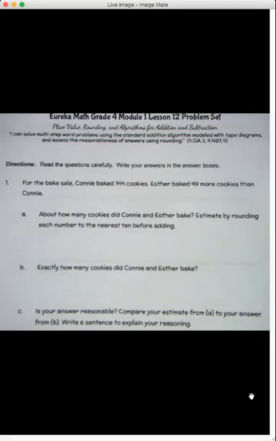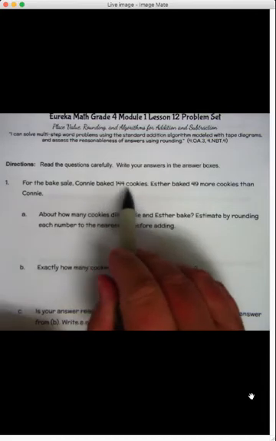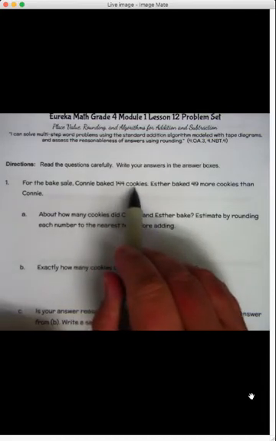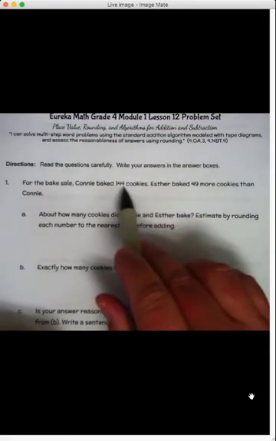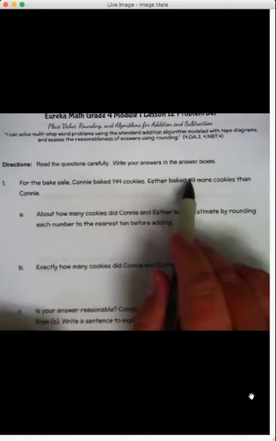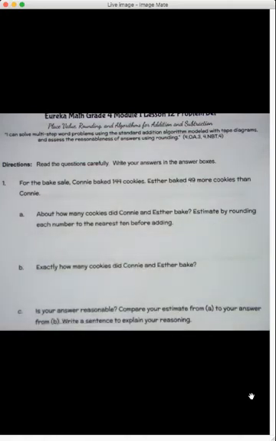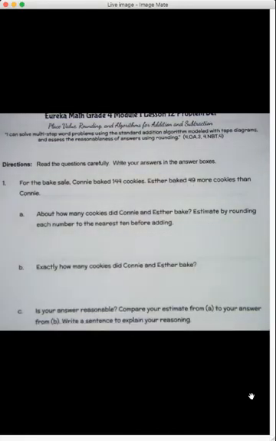So when I'm looking at this problem, I see that Connie baked this many, but Esther baked 49 more than that many. So I cannot just add these two numbers together to find out how many they baked altogether. Because if I just add these two numbers together, I'm going to find out how many Esther baked.